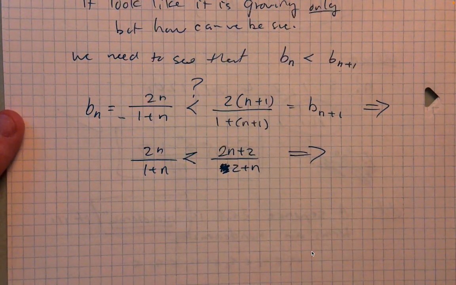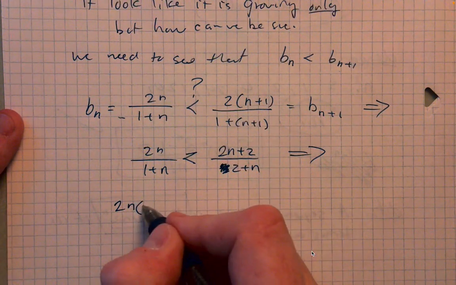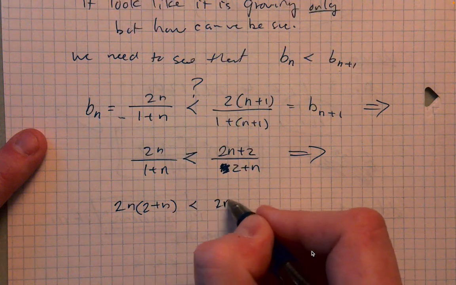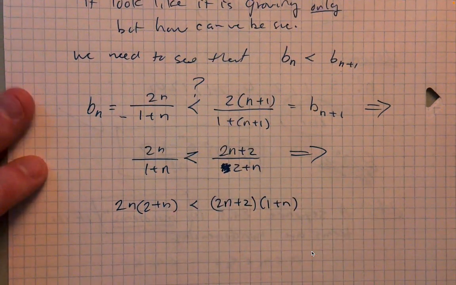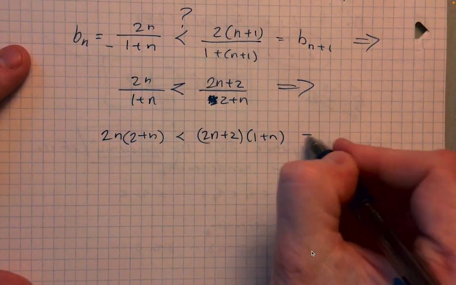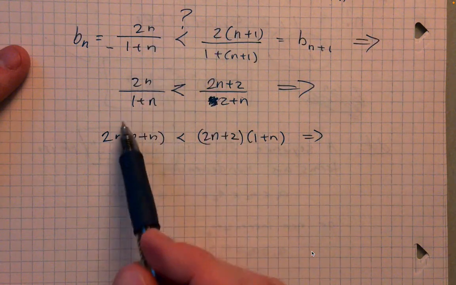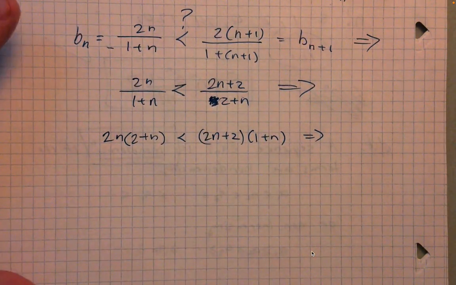Now we can cross multiply, and so we'll get 2n times 2 plus n should be less than 2n plus 2 times 1 plus n. That's just multiplying both sides up and doing the cancellation on the denominators.